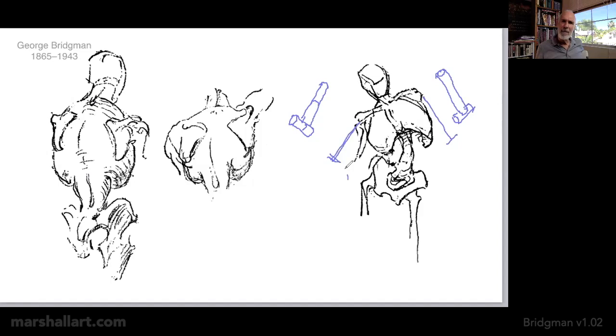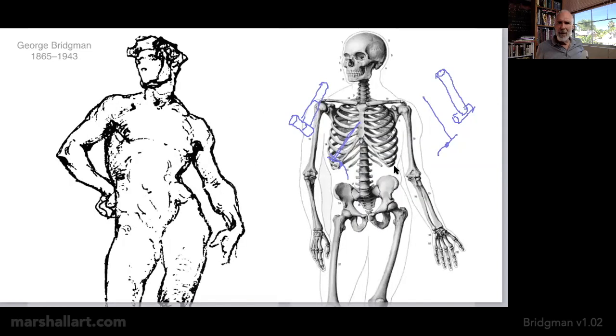Now, this bump in here, the medial epicondyle. Like the femur had condyles, the humerus has little condyles on the condyles, that little bump on the inside. Look at how Bridgman knows it. It's a landmark point.